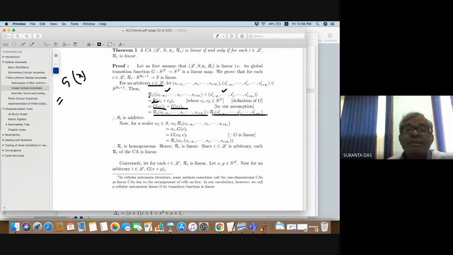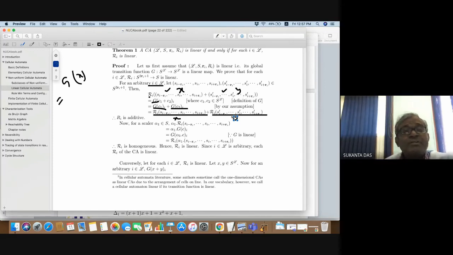If you consider this is x and this is y, I get r of x plus r of y. So r is additive. Since I have chosen i arbitrarily, this is true for all the cells. Therefore, if my g is linear, then g is additive, then Ri is additive.